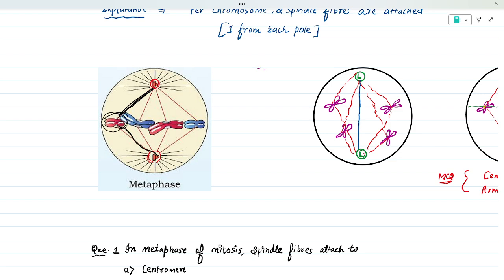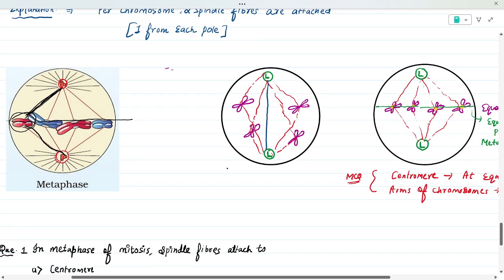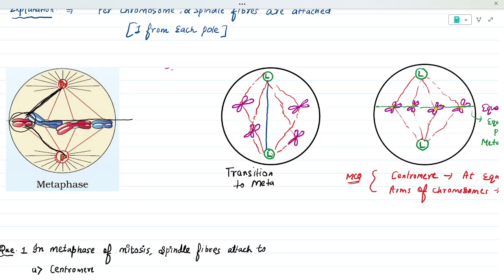This is one chromosome having 2 sister chromatids. Per chromosome 2 spindle fibers are attached from the opposite poles, and here all the chromosomes lie at the equator, and this imaginary line is known as the equatorial plate or the metaphasic plate that I have made. This is the transition to metaphase, that is just after prophase how chromosomes were seen, and this is the metaphase stage.